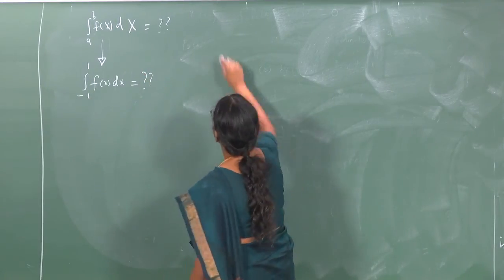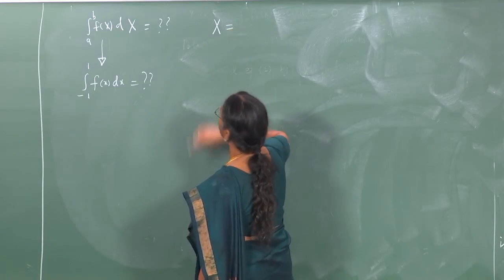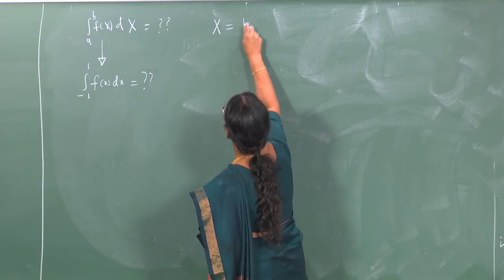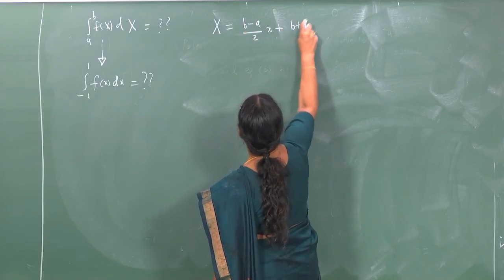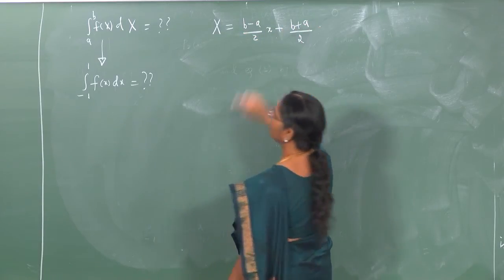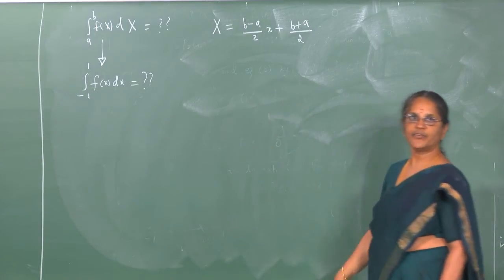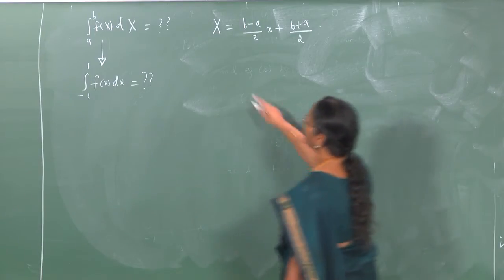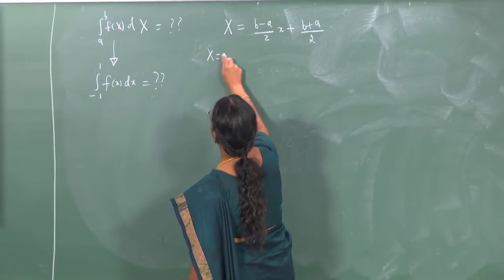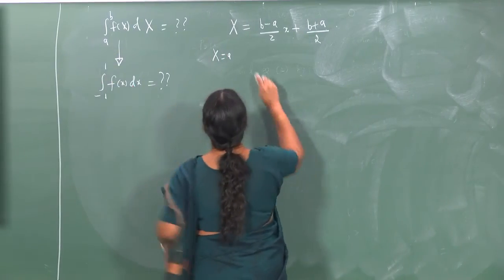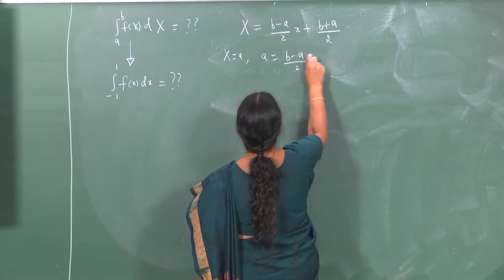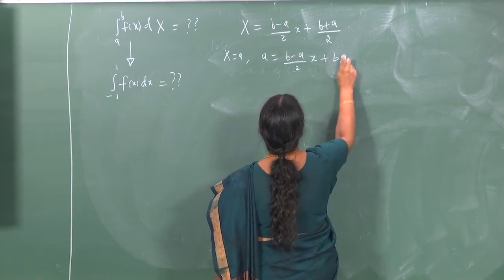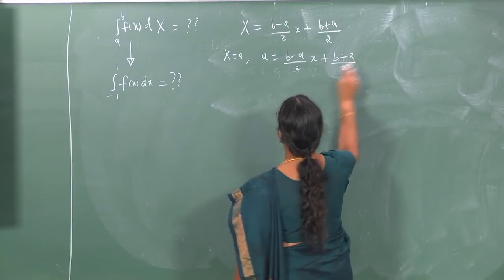So, we make use of this transformation. Capital X is b minus a by 2 into x plus b plus a by 2. Let us see whether it works. So, when capital X takes the lower limit value a, then we have a equal to b minus a by 2 into x plus b plus a by 2.